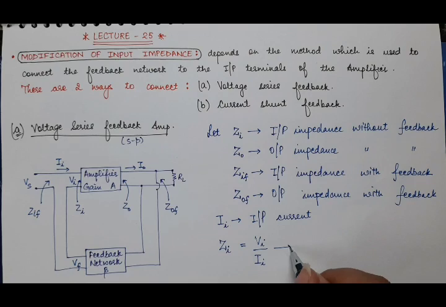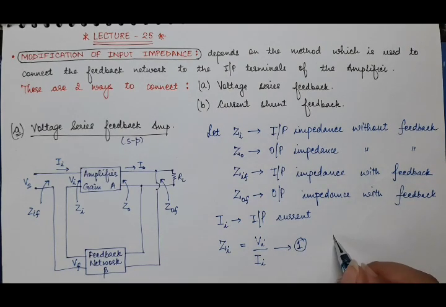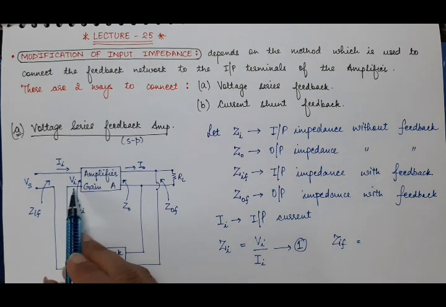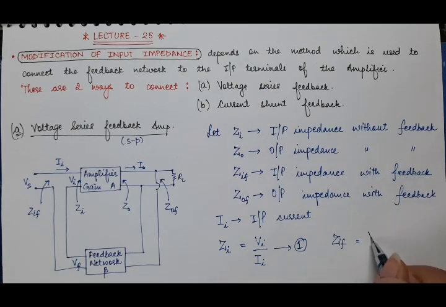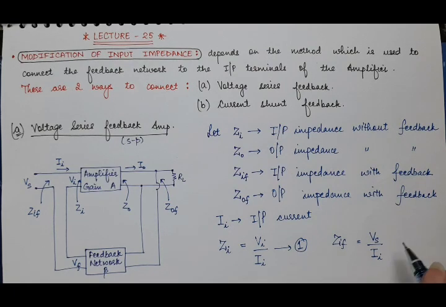Suppose this is our equation number 1. And what will be the value of Zif, the input impedance with feedback? With feedback, Vs and Vi are different, so Zif is Vs divided by the input current Ii. Suppose this is our equation number 2.